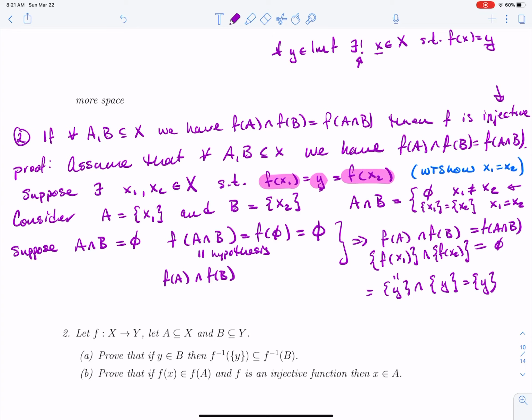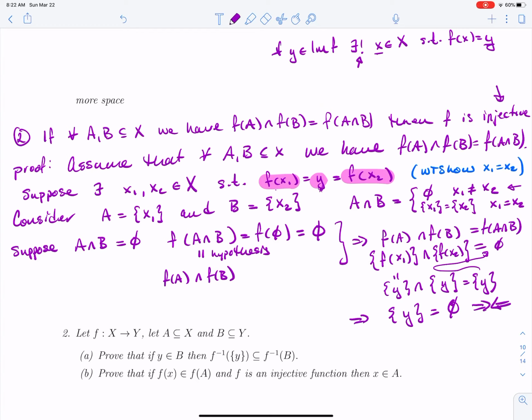And so what we just said is the set with the element y in it is equal to the empty set. And that's a contradiction, because y is the image of something that was non-empty, and therefore it can't be empty. Everybody has to get mapped somewhere. So we got a contradiction.